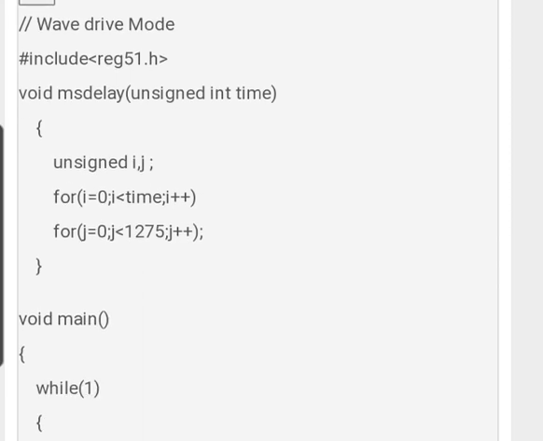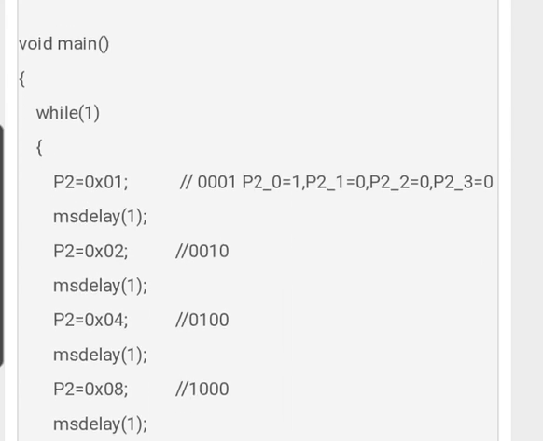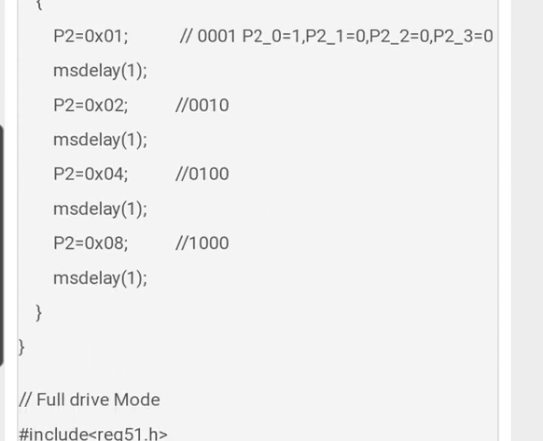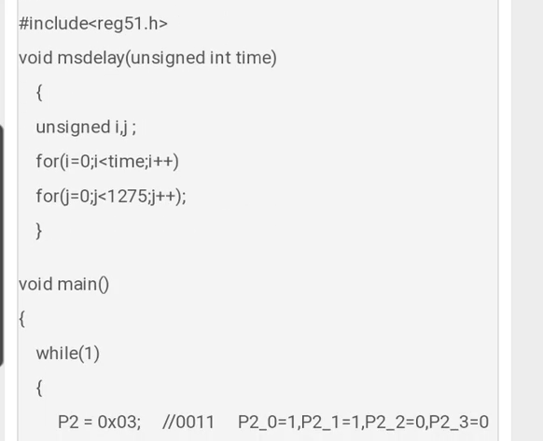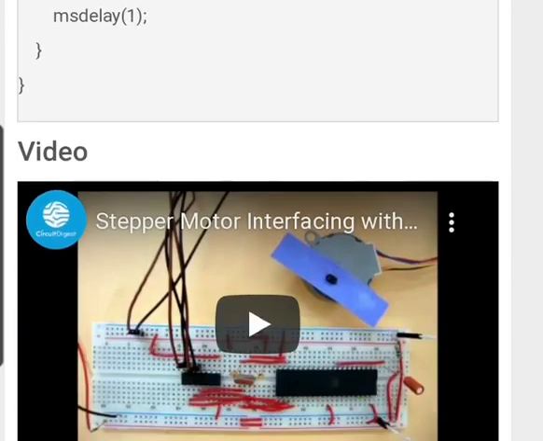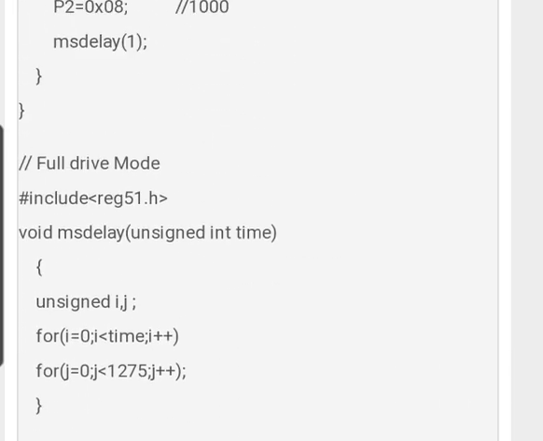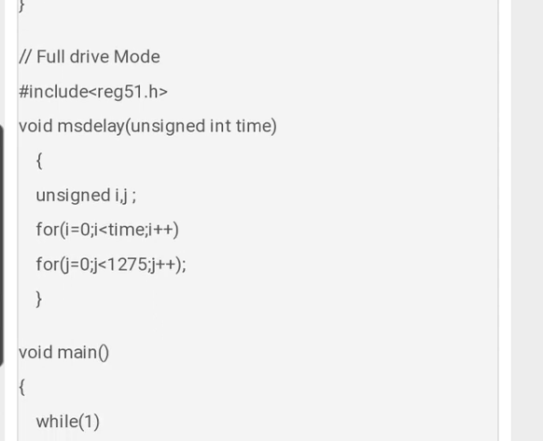The hex values for the port pins are given. First is for the wave drive mode, and this is for the full drive mode. Again the port 2 pin values are given here. Initialization is also given for wave drive mode and for full drive mode.